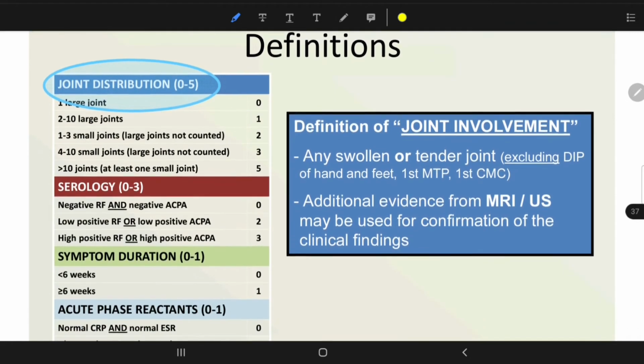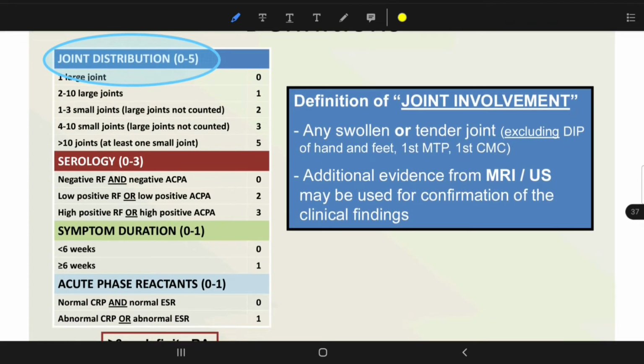Now some definitions. We have studied about the criteria. Now let's study about the definition of each one. Joint distribution is said to be a joint involvement when there is a swollen or tender joint. Now which joints are excluded from this counting? Your DIPs, which are usually affected in osteoarthritis.